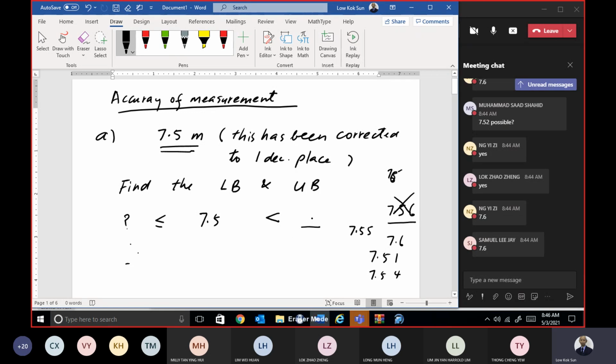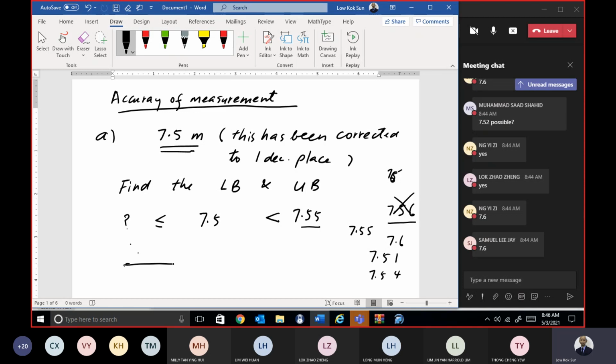I want to draw a number line to define it. Even though 7.55 in theory is technically not allowable, because once it reaches 7.55, after rounding it becomes 7.6, but ours is 7.5, so that is why there's a trick here.